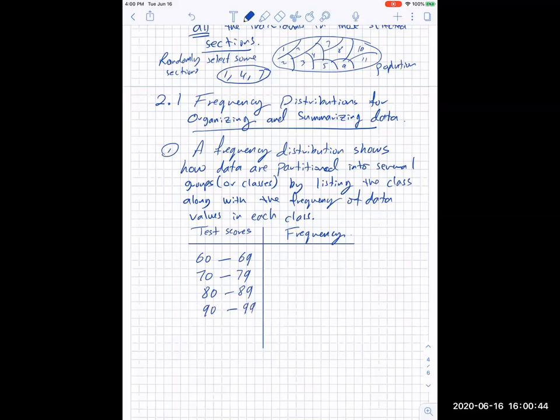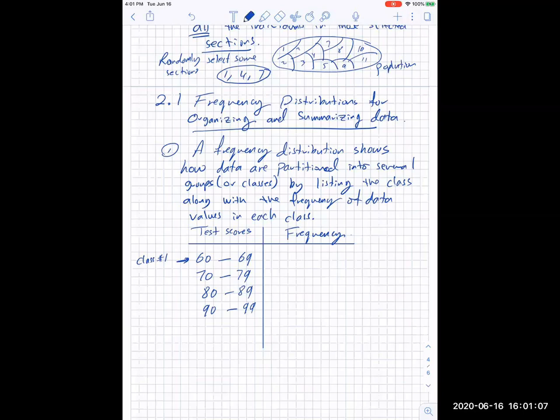Okay, so let's see here. This is my first class, or class number 1, class number 2. So I divided my test scores into 4 classes.